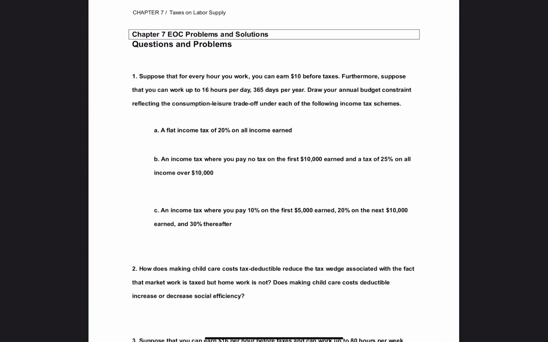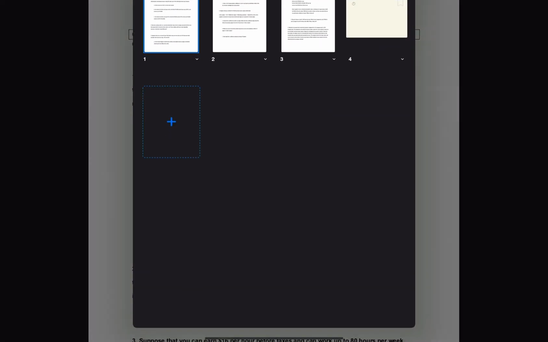On the other hand, if we work less, we will enjoy more leisure. What we are asking in A is to show, in a graphical way, how the budget constraints change when we have different tax schedules. So let us start with the first one, sub-exercise A.